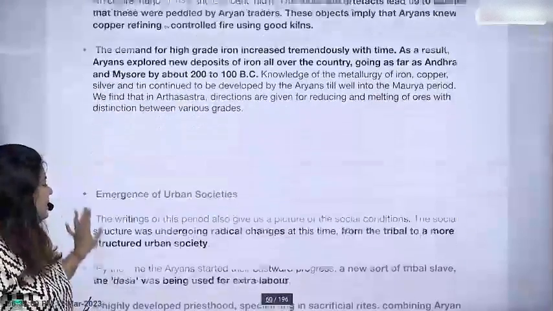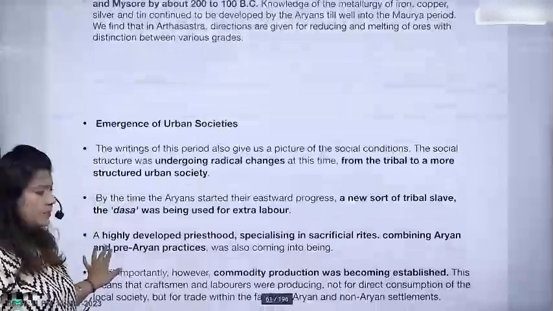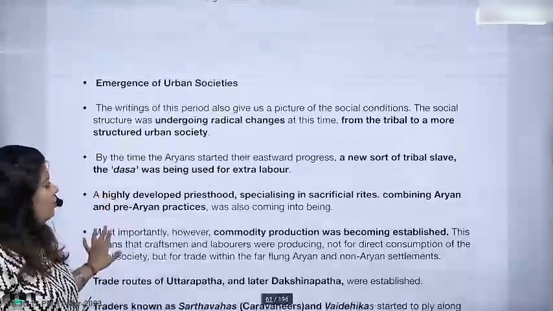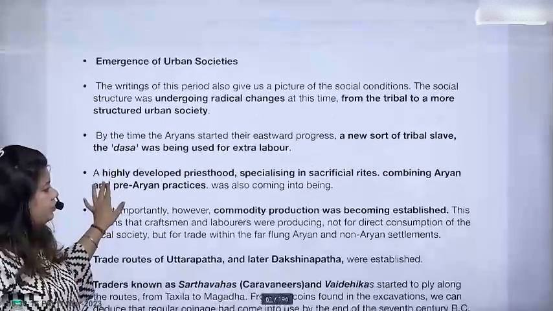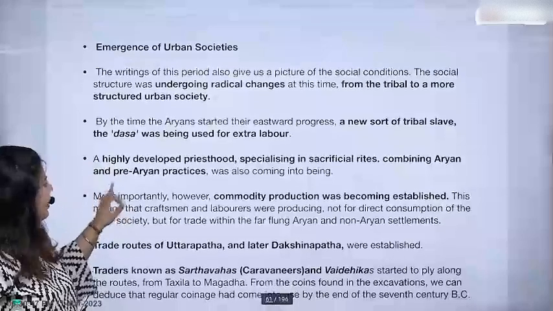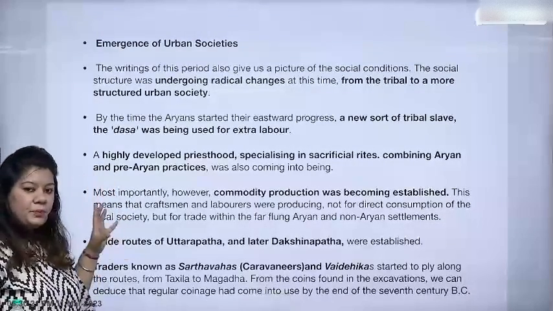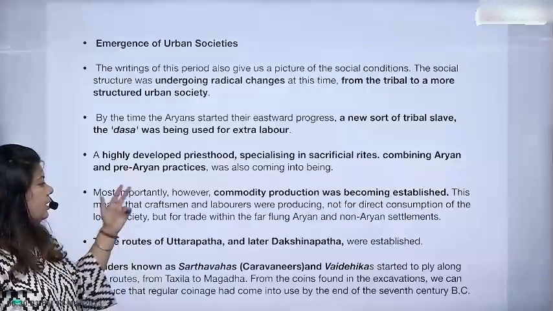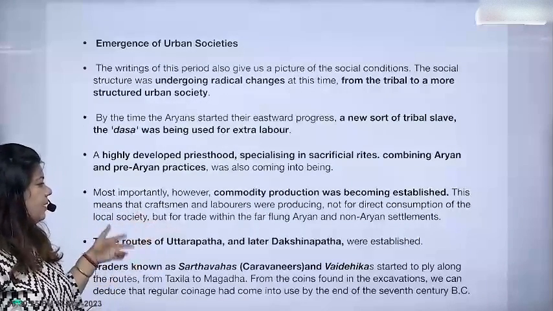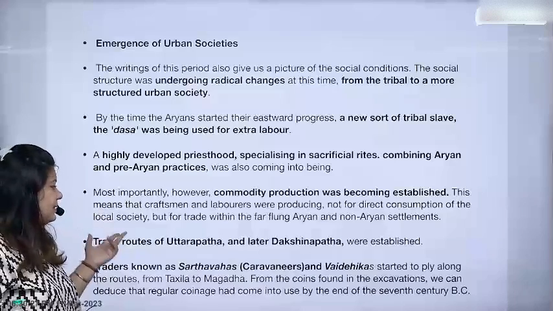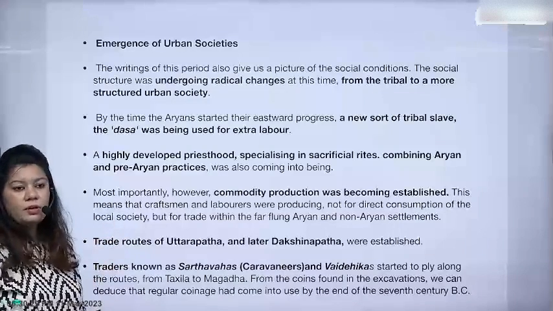And then we see the emergence of urban societies. How? There were changes happening from tribal to a more structured urban society, with a highly developed priesthood, right? Commodity production was getting established. What is commodity production?